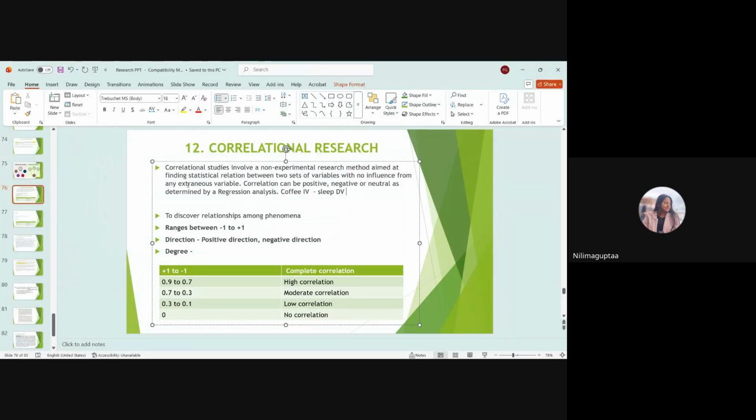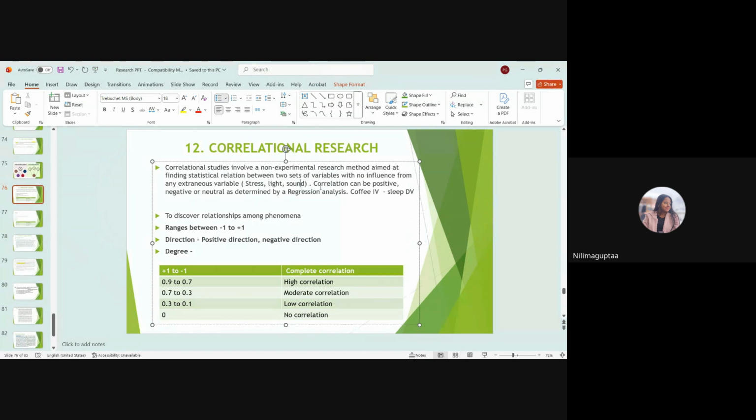Now, extraneous variable is a variable that is, I can say, stress, light, sound. These are extraneous variables which I have not considered. ठीक है, ये extra variable है which I have not thought before starting my research.